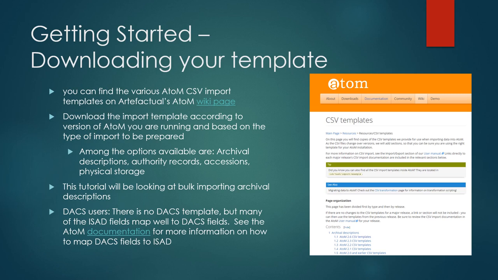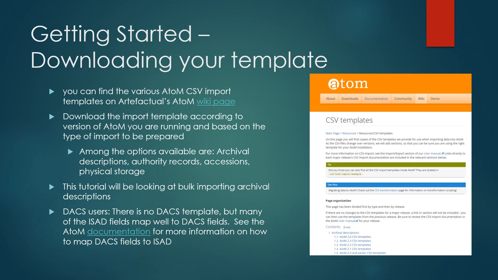There are also a couple of different versions of the archival description templates. There is one for RAD, the Rules for Archival Description, which is the archival standard for Canada. And then you'll also have a template that maps to ISAD fields, which is the international standard of archival description.